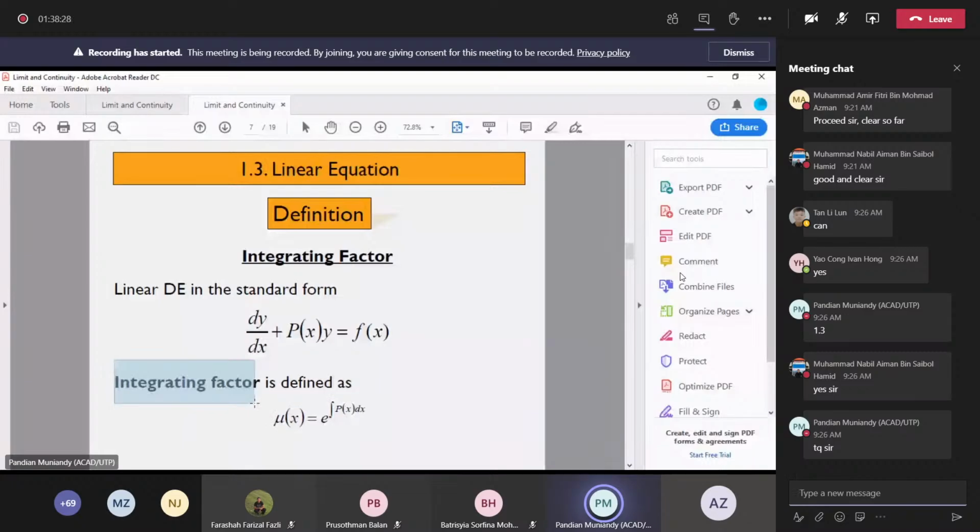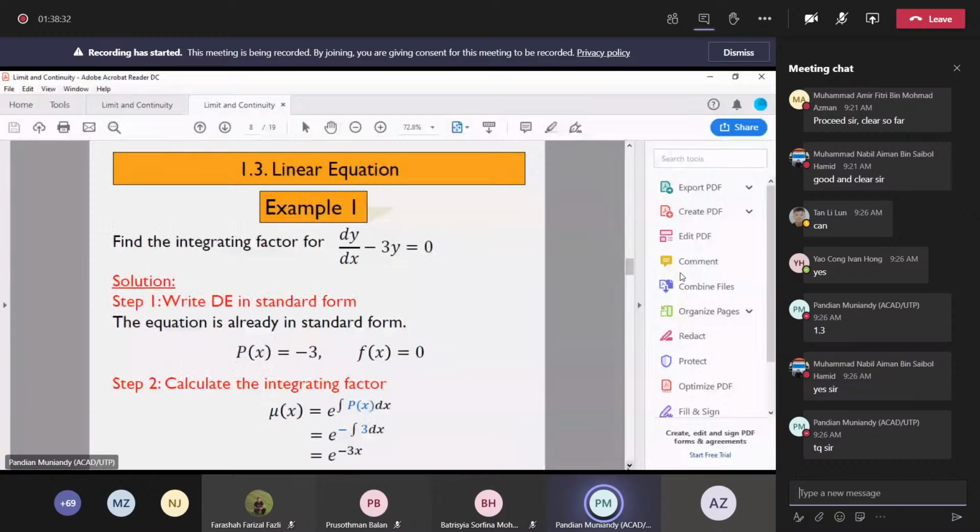Now the third step. Of course, this is the example: dy/dx minus 3y equals 0. This is actually separable, but they are showing you how to find the integrating factor. Mu(x) is e to the power integral of P(x) dx.